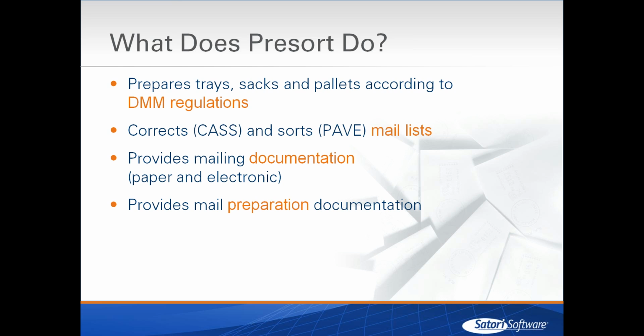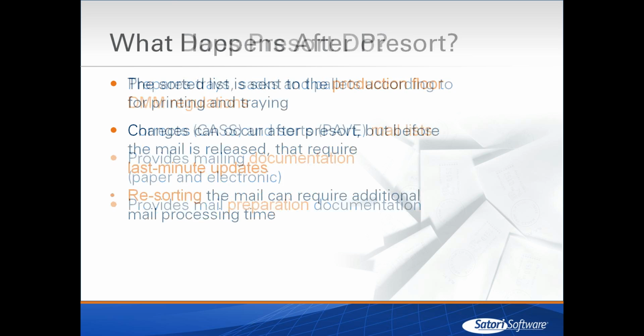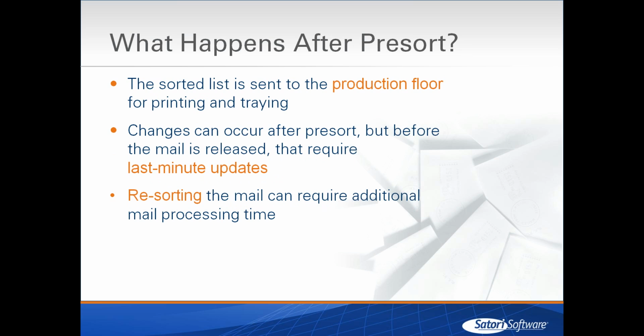Now, the next step is what we do if something changes while we're on the production floor. After we've sorted the list using pre-sort, that mailing list is transferred to your production floor so that you can start printing your addresses, putting them in trays, and preparing that mailing for actual entry into the post office.